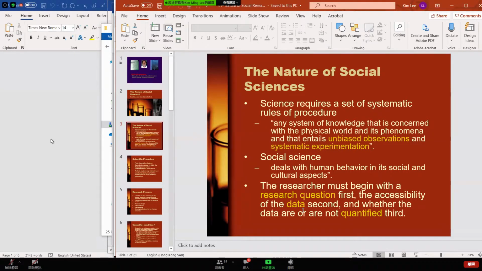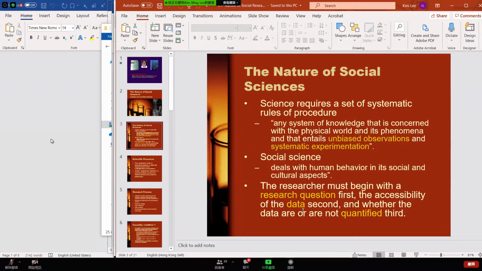This is the second part you need to consider. Once you have your research question, you ask yourself, what kind of data do I need to answer my question? Either they are qualitative in nature, like interviews, or quantitative in nature, where I want the survey result: how many percent of young people join the protests, something like that. So this is the second part.